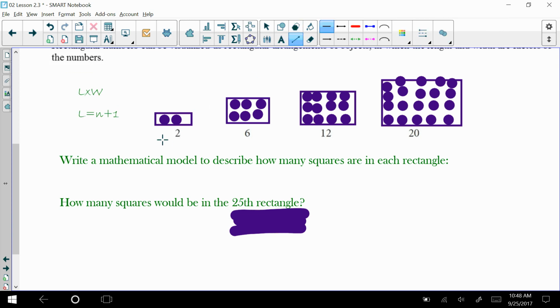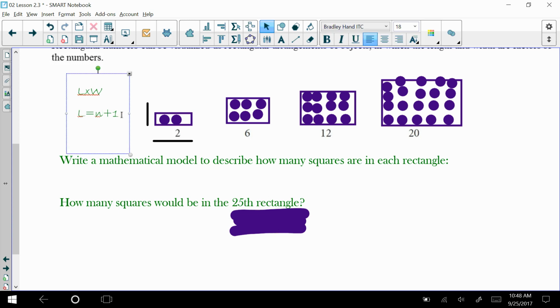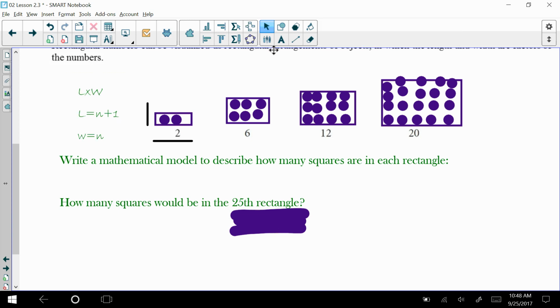So again, I'm referring to this as my length, and then I'm referring to this as my width. And I know that my width is equal to n, or the number of terms I'm in.